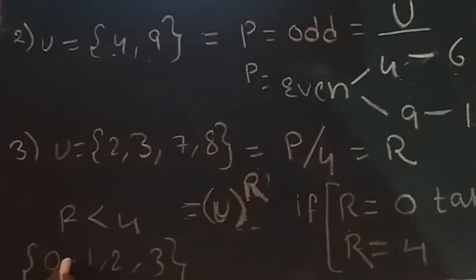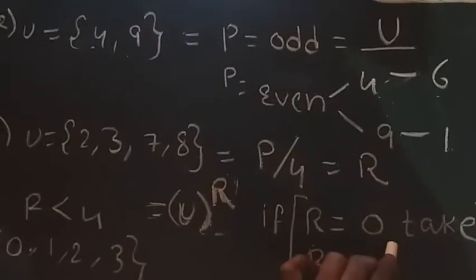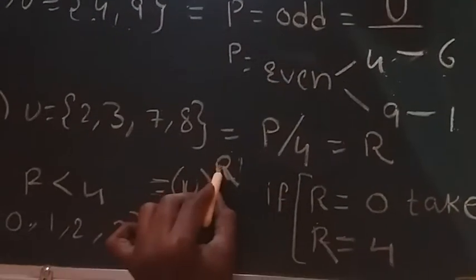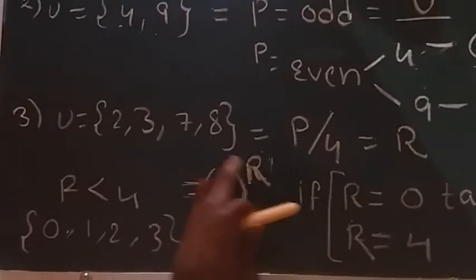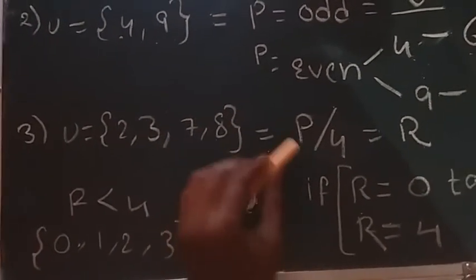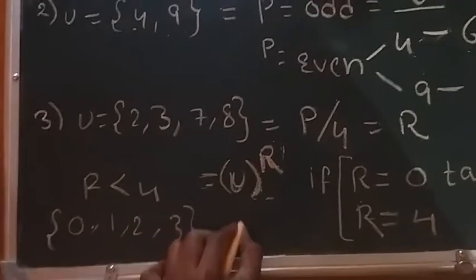Whenever you get the remainder 0, please take the remainder as 4. That means substitute r equal to 4 whenever you get the remainder 0. For the remaining numbers 1, 2, 3, you substitute the same thing.